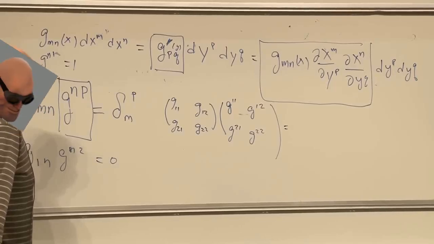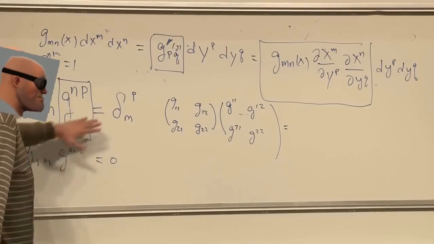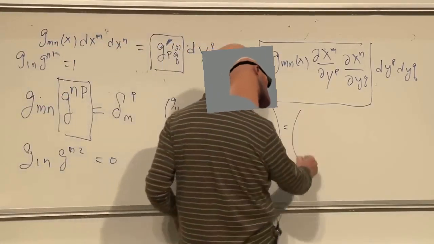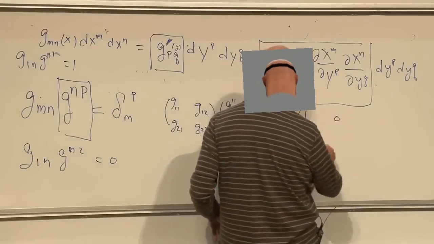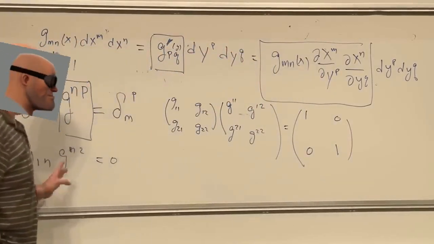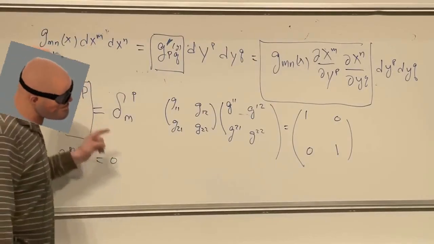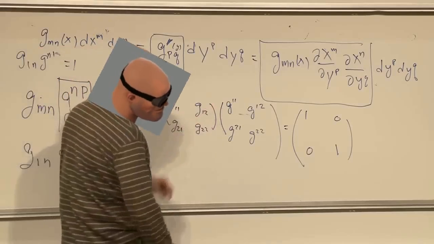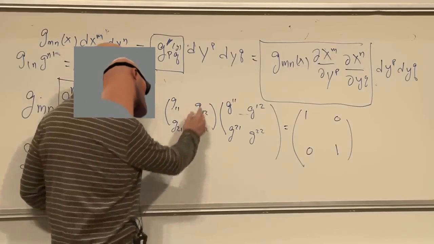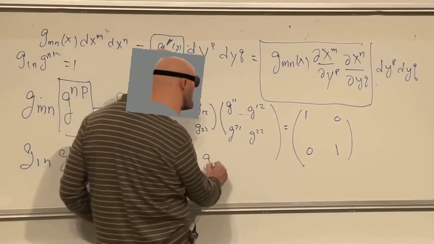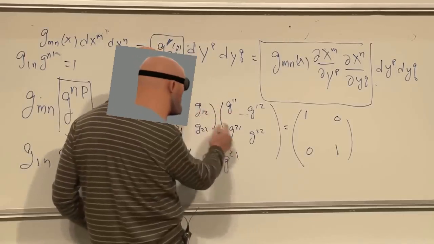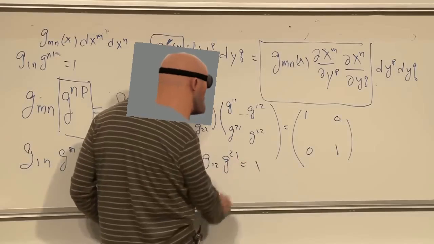I'm going to now write this equation in its full-blown glory. 1, 0, 0, 1. Okay? So what does it say? It says that G11 times G11 plus G12 times G21, this times this plus this times this, is equal to 1.